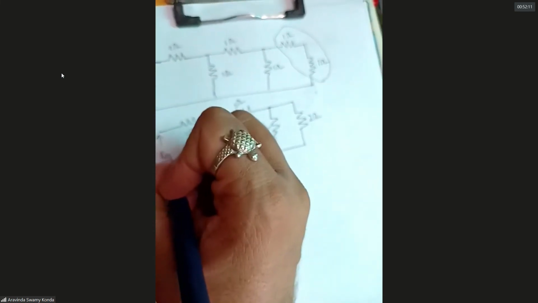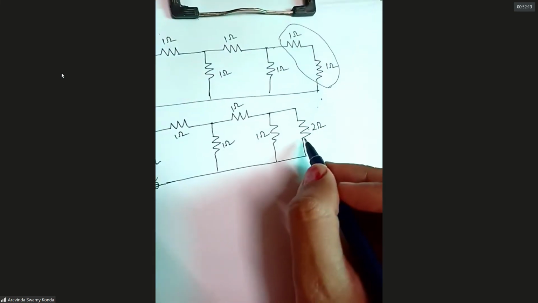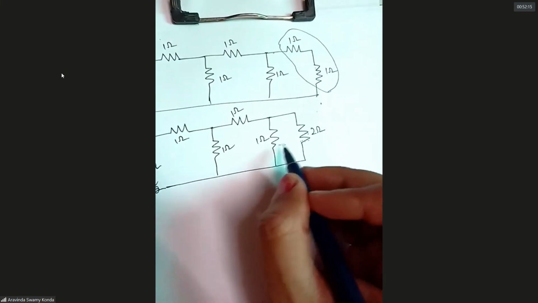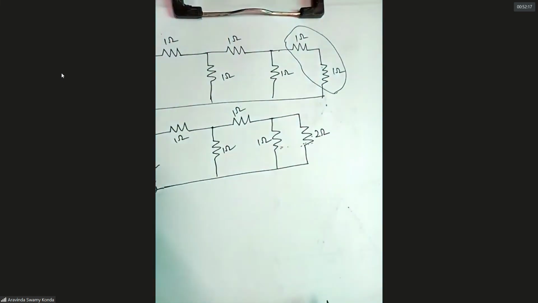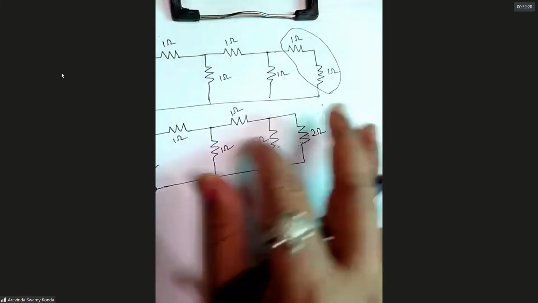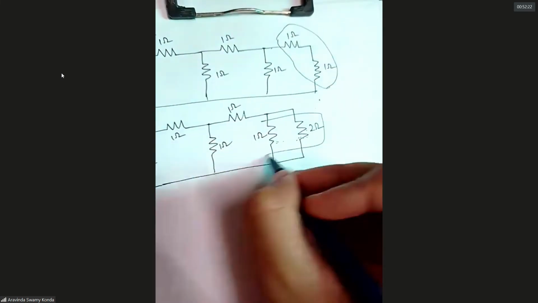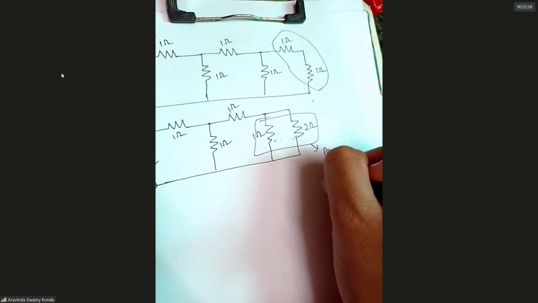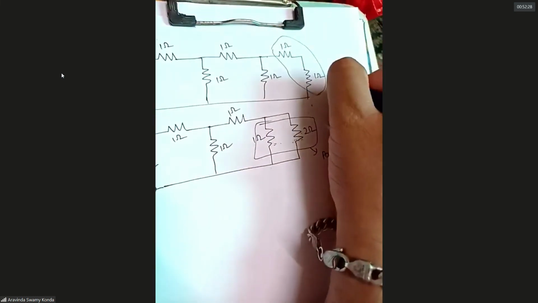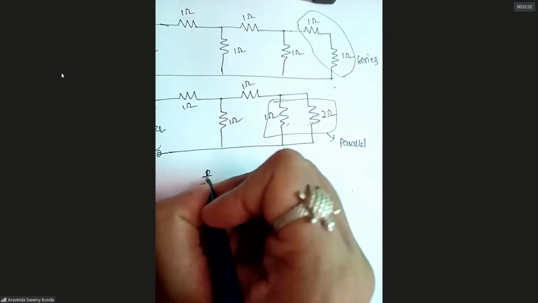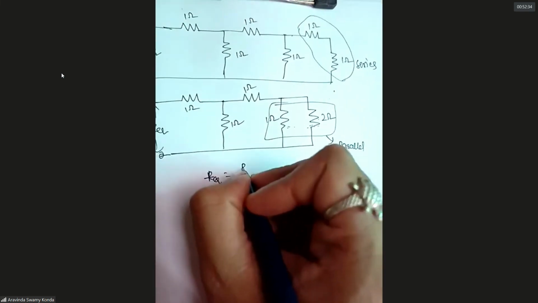R equivalent. Now look again, how are these two? Parallel, sir. Parallel. So these two are in parallel. So for parallel, what is the total equivalent? Since there are two, we can directly write R1 R2 by R1 plus R2.